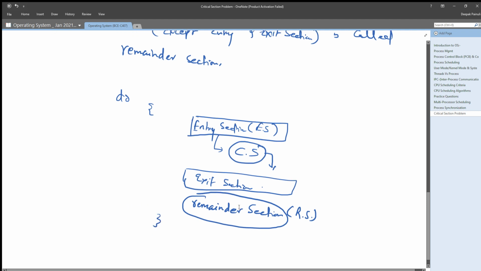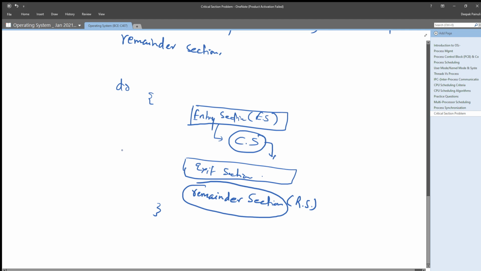So the general structure we follow for ensuring mutual exclusion is like that.